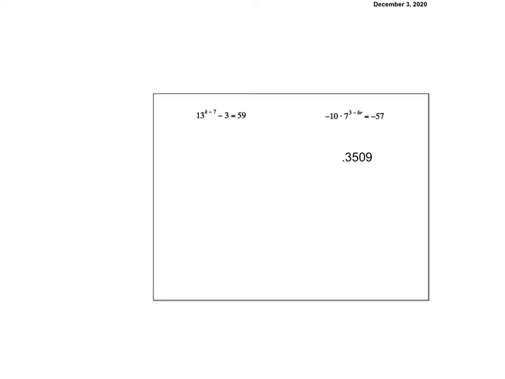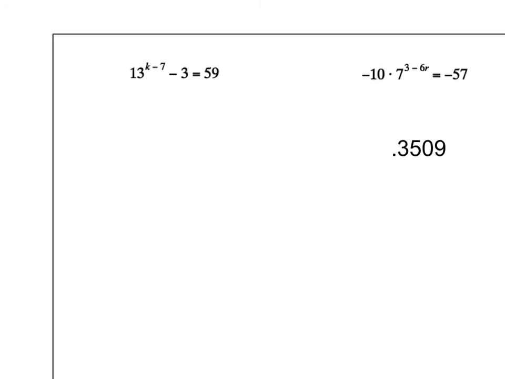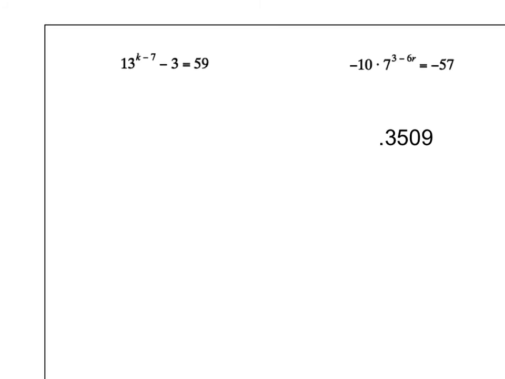All right, so now we're going to get into some equations that are a little more, not complex, but a little more work to them. So our goal is to get whatever base we have with the exponents by itself on one side of the equation. So we want to isolate this piece right here. In doing that, we want to either add or subtract or divide anything we can over to the other side.